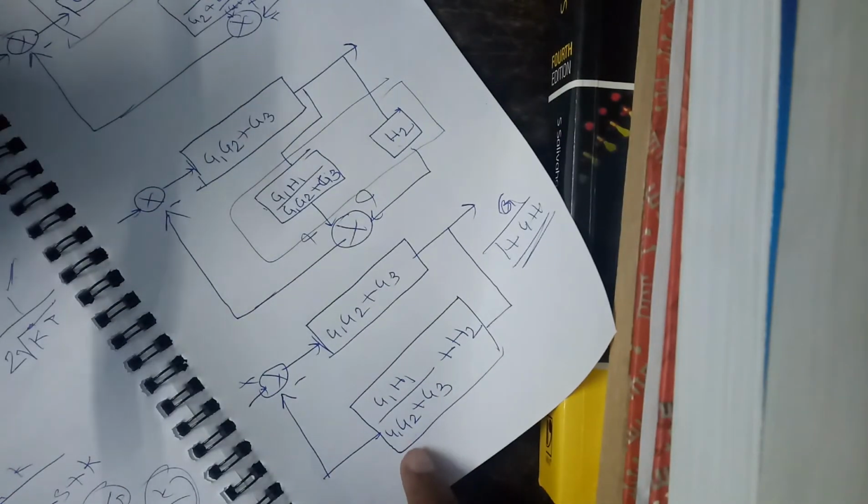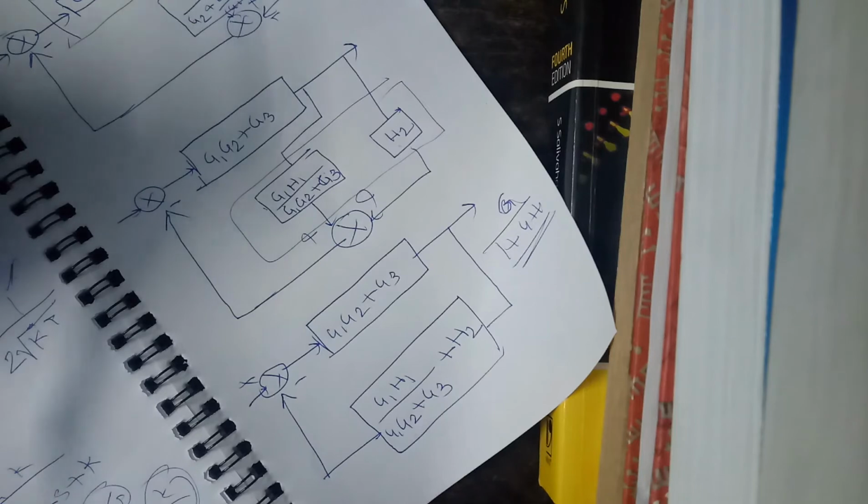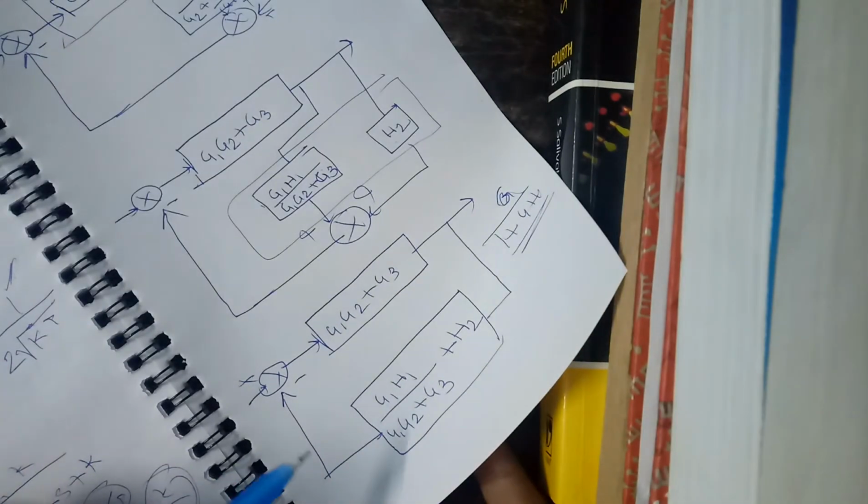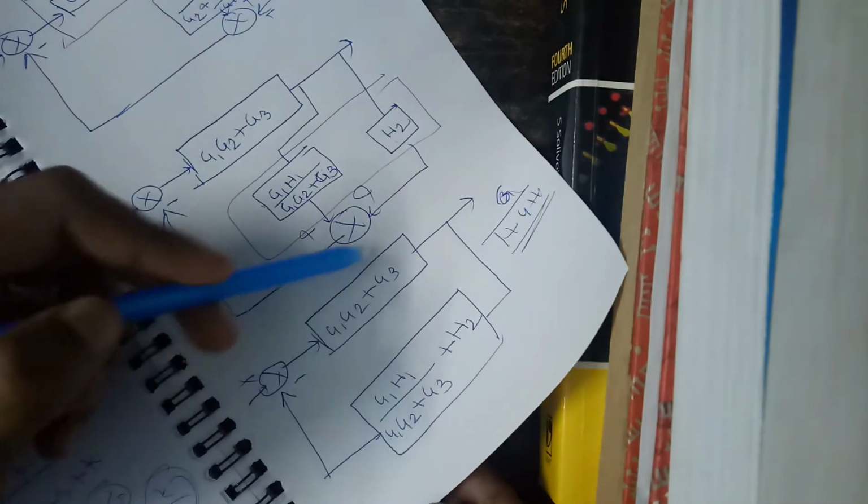So it becomes G by 1 plus G, which is my G1 G2 plus G3 into my H.